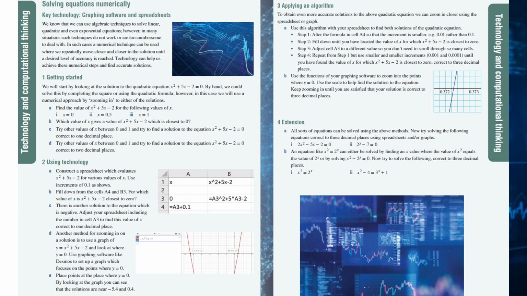A similar activity might be, say, using the bisection method or Newton's method in Year 11 and 12, but this is using spreadsheets and graphing software to zoom in on a solution, with the extension looking at equations like 2^x - 7 = 0, or where we have a polynomial equal to an exponential, where an algebraic technique is definitely not the way to go to solve that equation. So those activities are 1 per chapter, so there's 40 across the series.